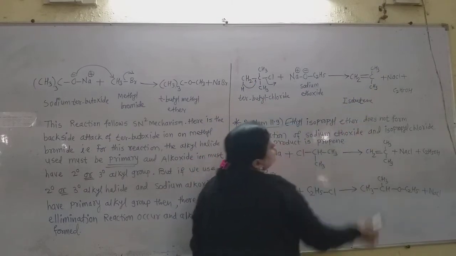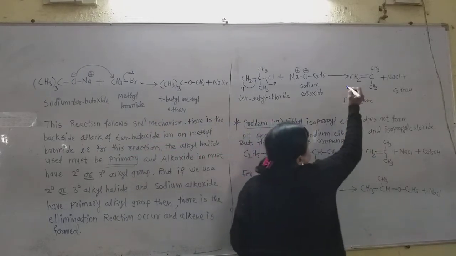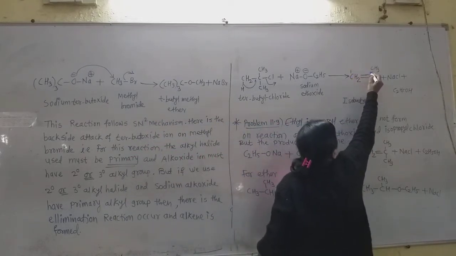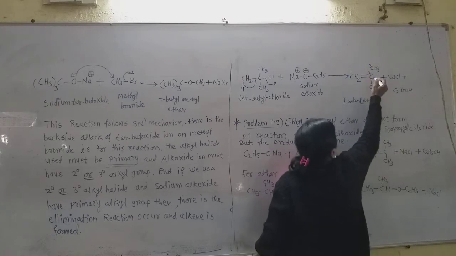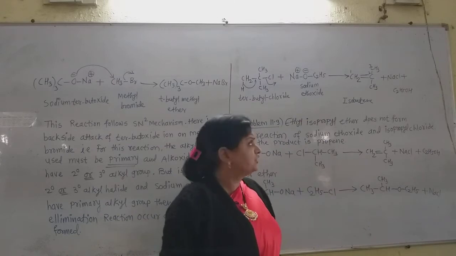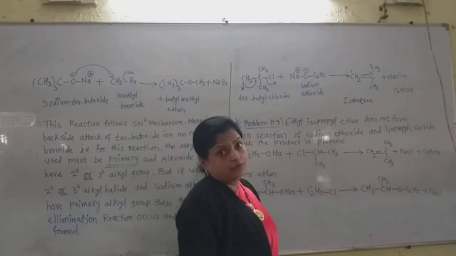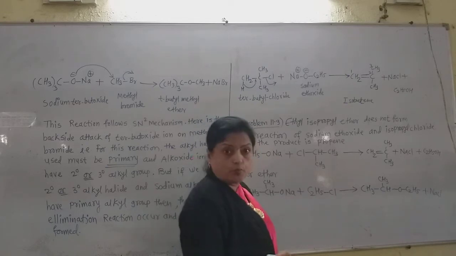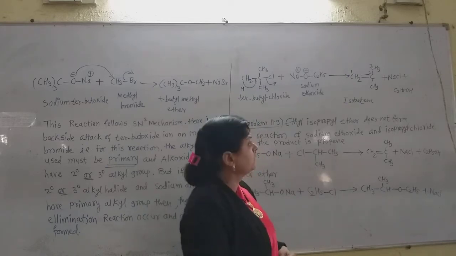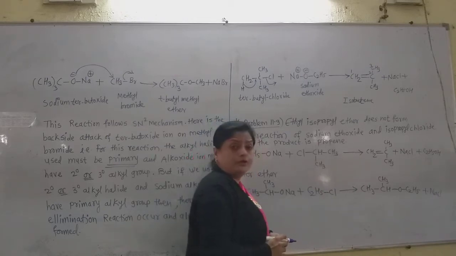This is isobutene. If we number from this double bond as 1, 2 and 3, the 3 can be at the upper side or the lower side. So this is 2-methyl-1-propene. That is the alkene, also called isobutene.